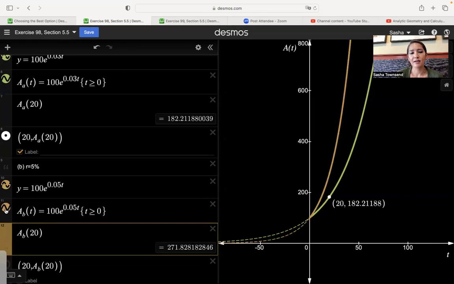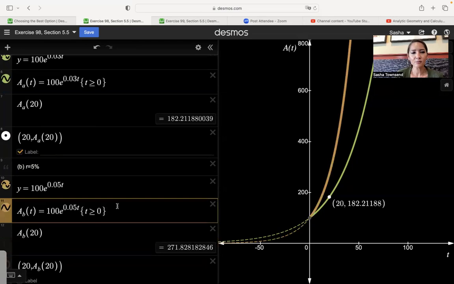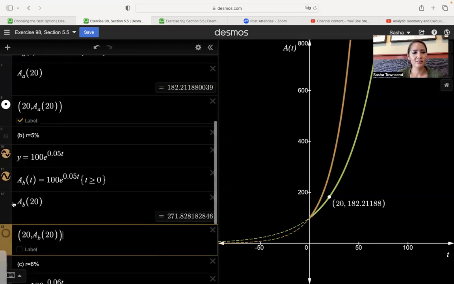So the account balance is actually that orange solid line. And if we want to know our balance after 20 years, we evaluate that function at t equals 20. So we have $271.83. So this time we actually made $171.83 by leaving that $100 in the account alone for 20 years.